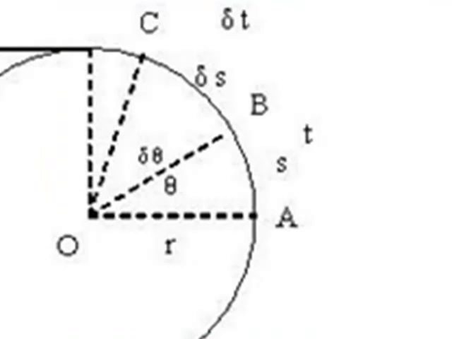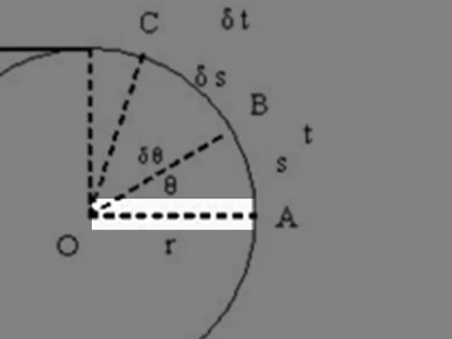Suppose the body starts from A and in time t it moves to B. If O is the center of the circular path, then it can be considered as the origin of the coordinate system.